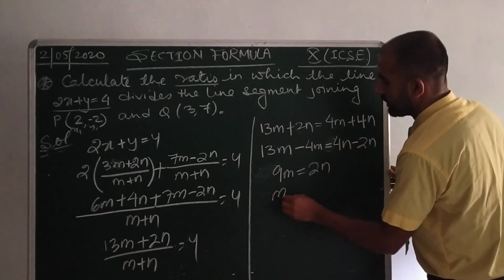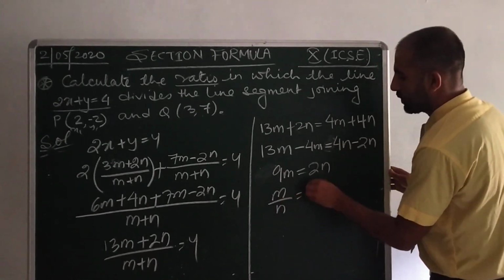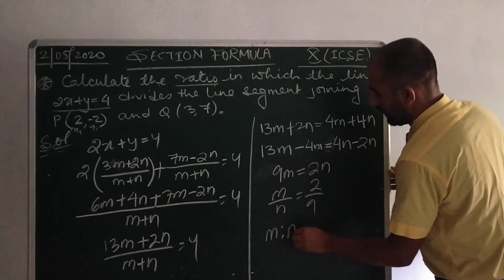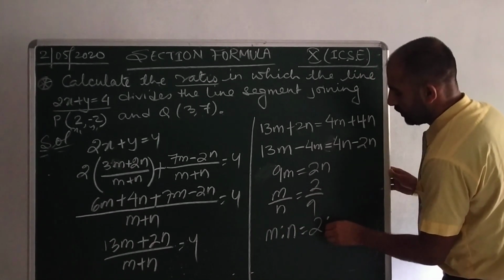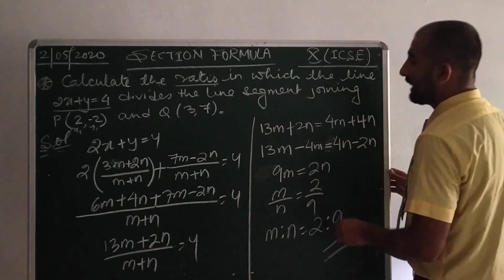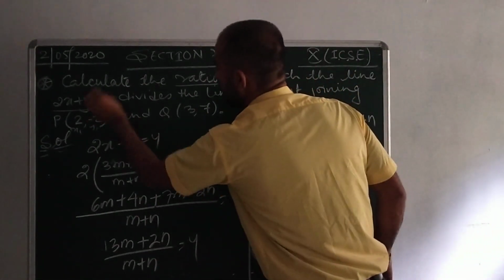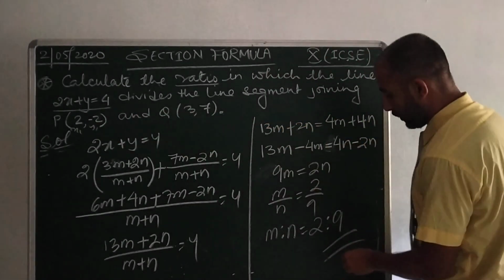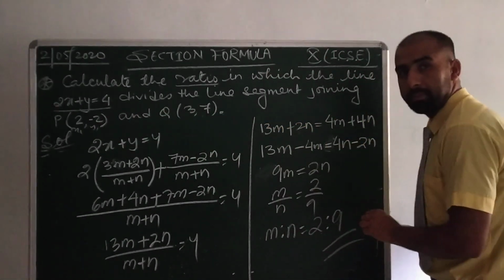So let's find out the ratio. m by n equals 2 by 9. That means m is to n equals 2 is to 9, which gives that this line divides these two given points in the ratio 2 is to 9.